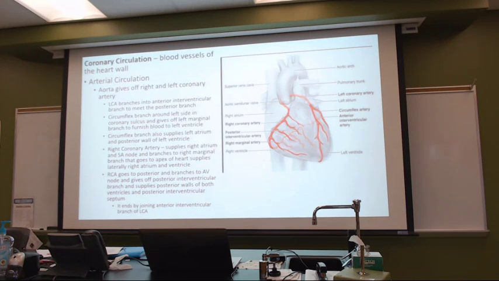This is the circulation from all of the arteries and veins that you see on and around the heart. This is my coronary circulation. Is everybody with me?